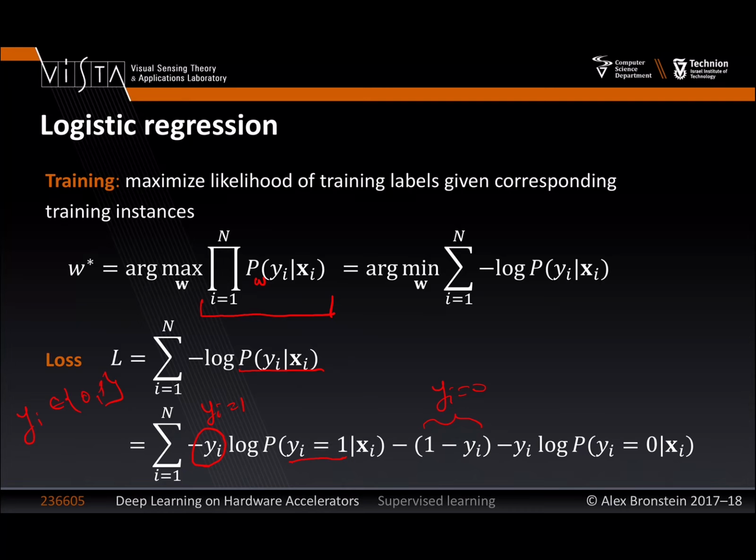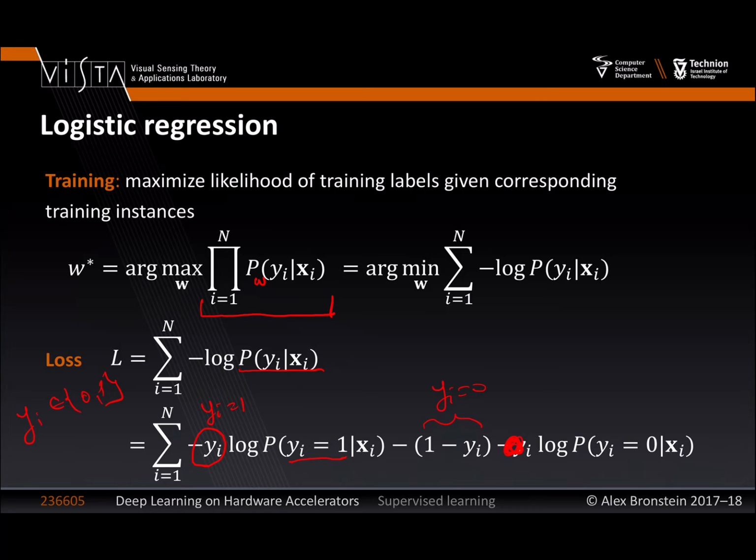I think it's correct. Check my math. If it's wrong, let me see, but it's hard to do in real time. Yes, of course. Obviously, this is just a product, and there are two cases: y equals 1 and y equals 0.